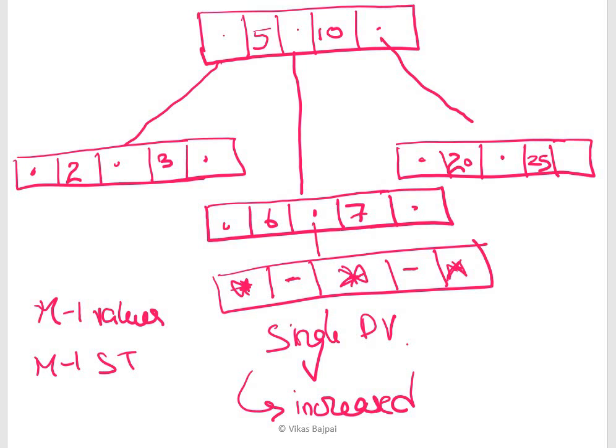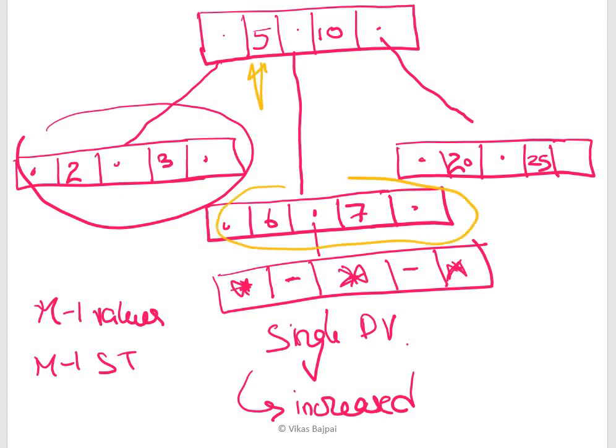Another point to notice here is that though we are adding some more values, the order remains the same. That means the key values in the subtree, let's say on this particular part, all the key values will be lesser than this particular value, and about this value it would be in between these two values.